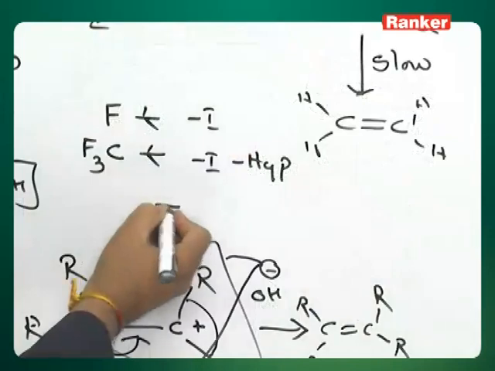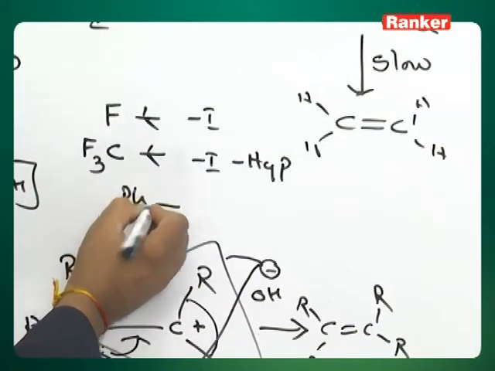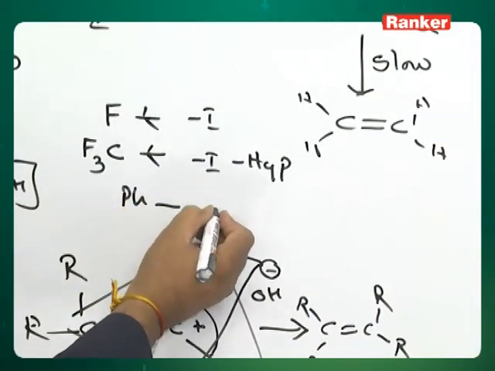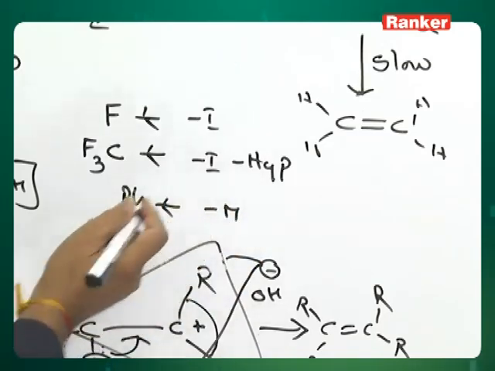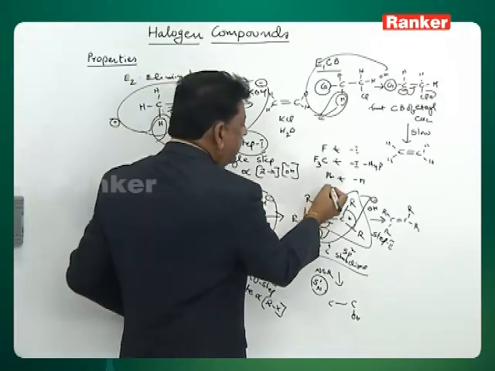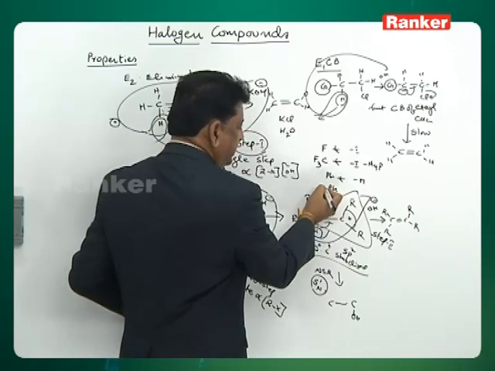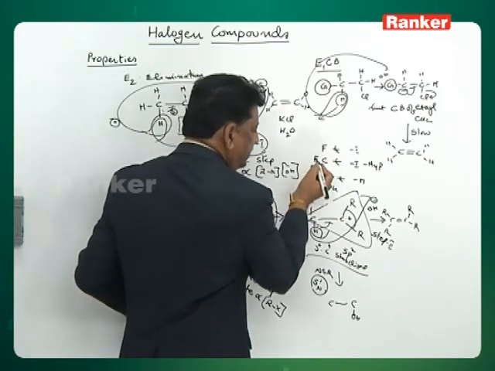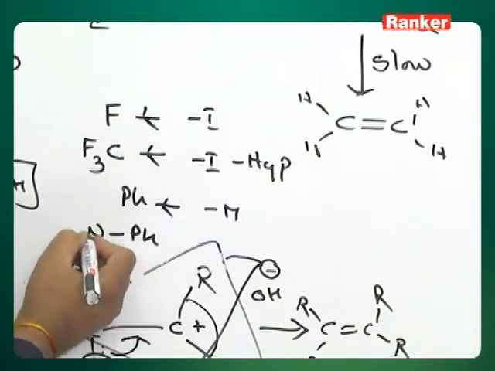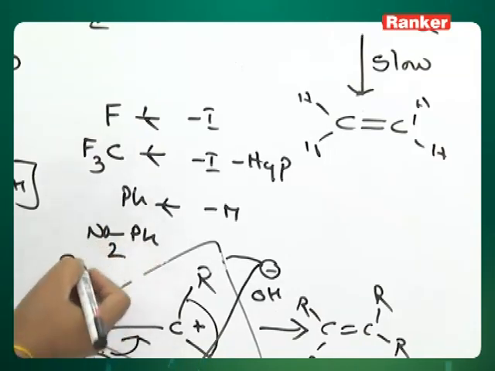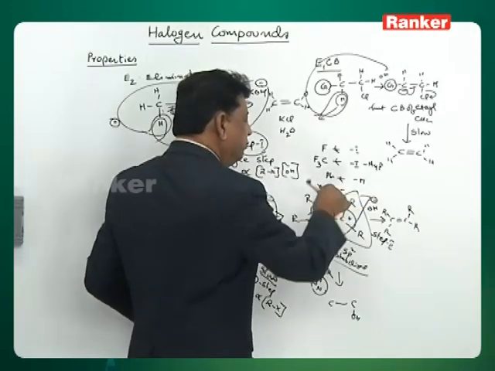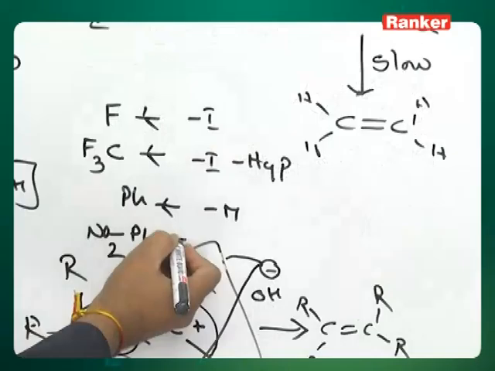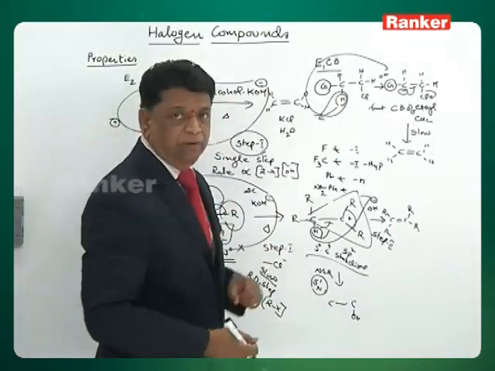You can also have a benzene ring like a phenyl group. The phenyl shows a minus M effect and stabilizes the system. Phenyl can also have fluorine, CF3, or a nitro group, a strong minus M group, attached. In such cases the stabilization of the anion will be more.